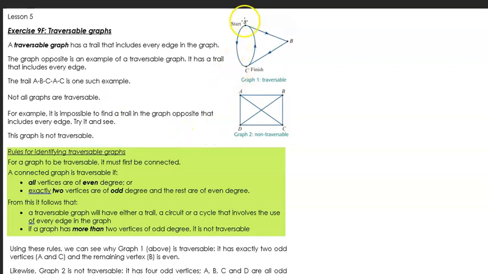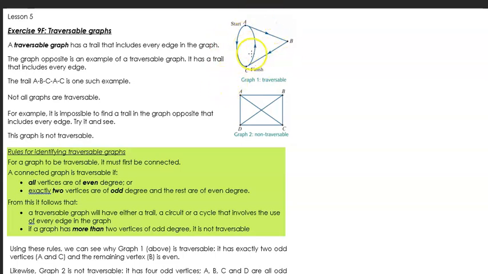Let's say we look at A, and we go from A to B to C, and then back to A, and then finish at C. Now it's traversable because we're not repeating any of these edges, but we're going over each edge once. And it doesn't matter if we go over the vertex again, as long as we go over every edge, it's considered traversable.